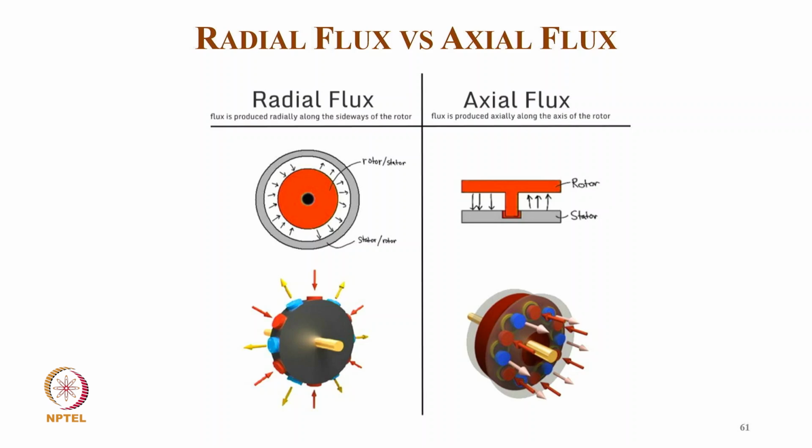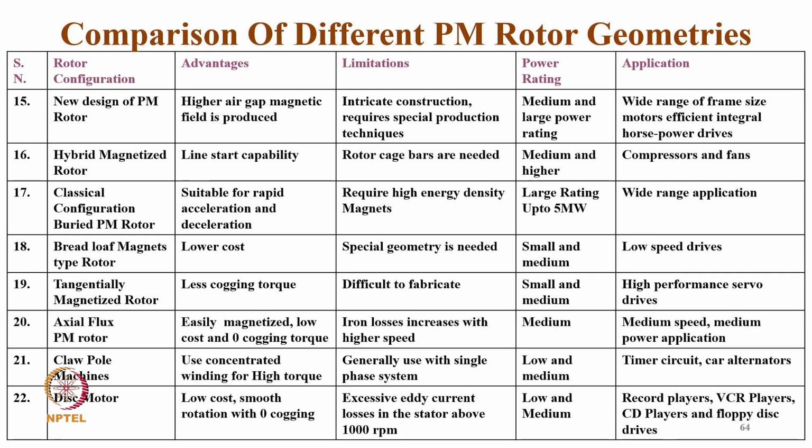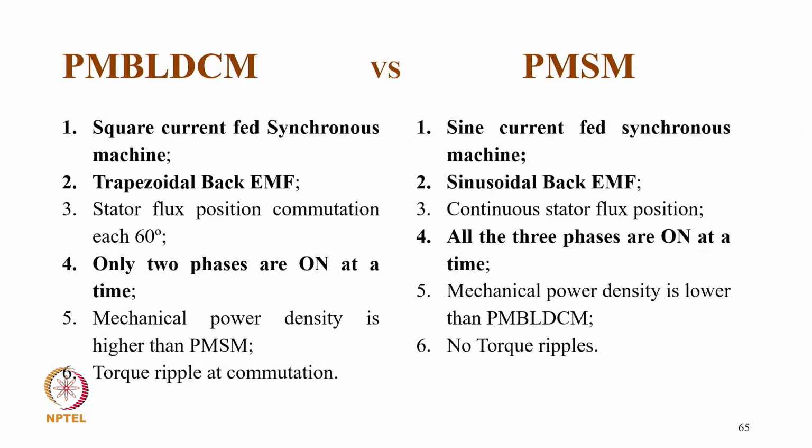And this is how you can think about how the radial field and axial field motors look like, as a basic principle concept to understand. So this is a comparison of different PM rotor geometries. What is the rotor configuration, then advantages, limitations, power rating, and then the applications. So there are plenty of applications if you look into all these typical 22 geometries.